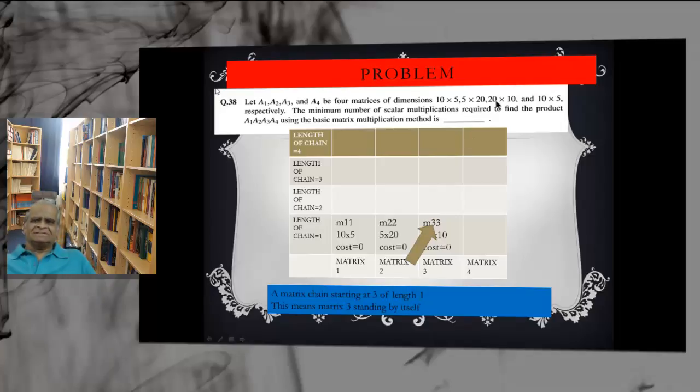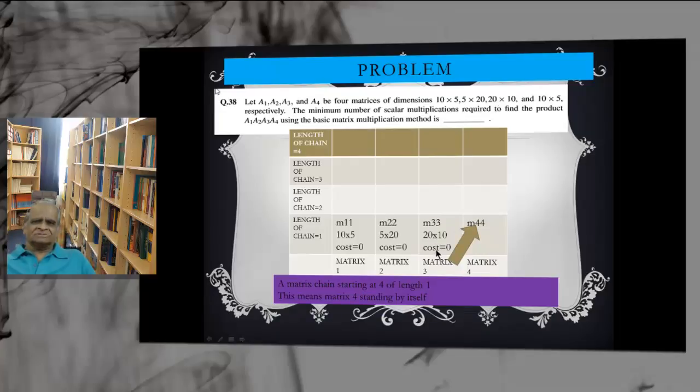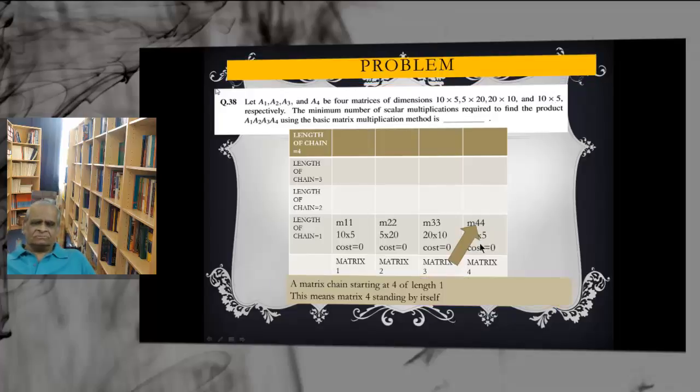Matrix 3 standing by itself, 20 into 10, cost 0. Consider a matrix chain starting at 4, ending at 4, of length 1. Matrix 4 standing by itself, 10 into 5, cost is 0. We have finished chains of length 1.